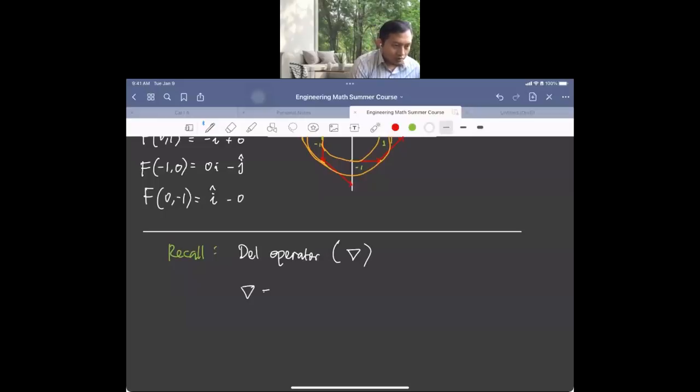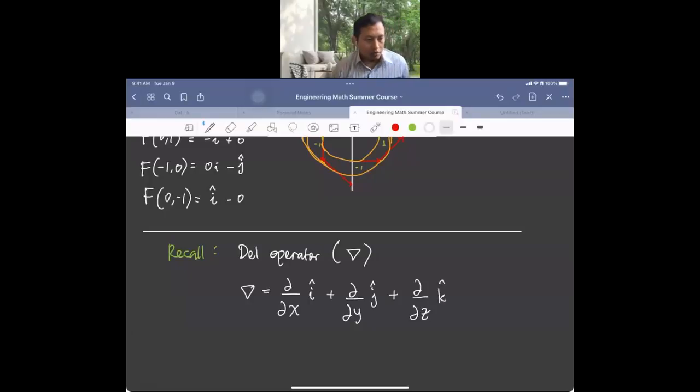So the del is partial x... this is our del operator.